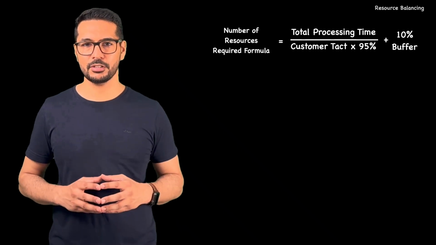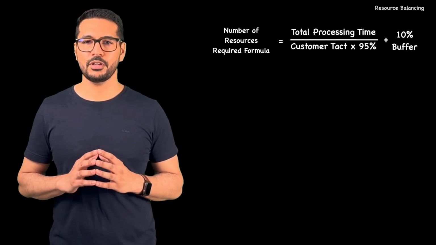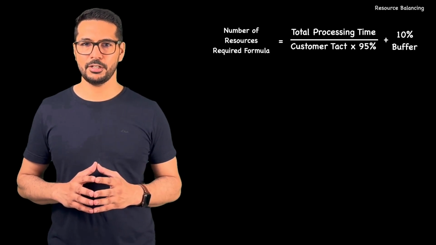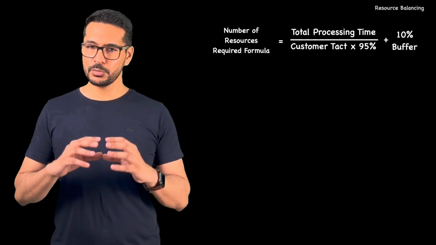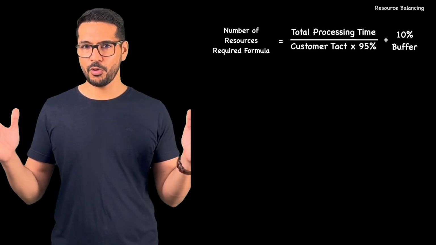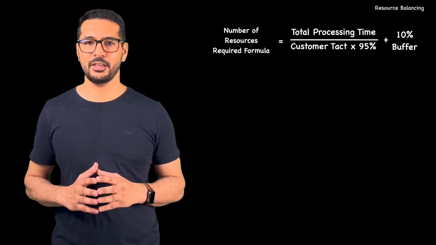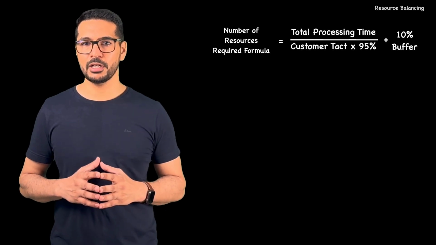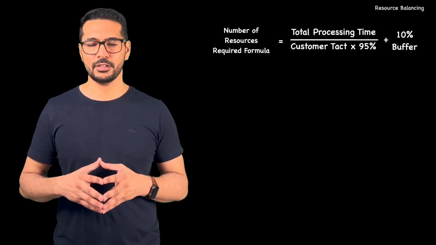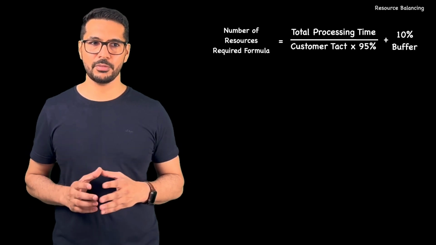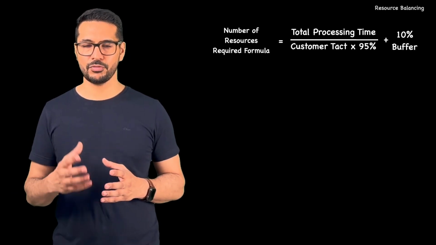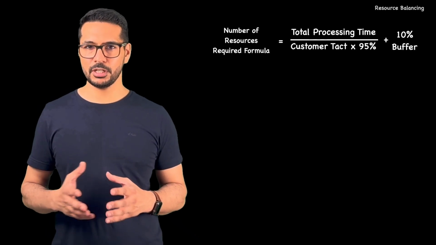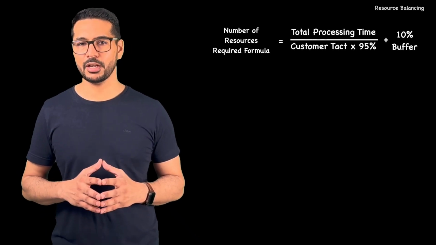This is calculated by this formula: we divide the total processing time that we have seen in the last slide, 18 days, which is the total processing time to perform all the tasks, by the customer takt time, which we have previously calculated, and multiply by 95%, which is the efficiency, which gives 5% of room or relaxation for the employees, plus 10% buffer. So 10% is the buffer in capacity.